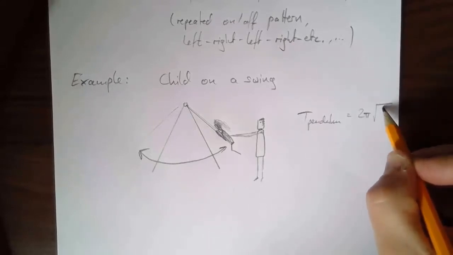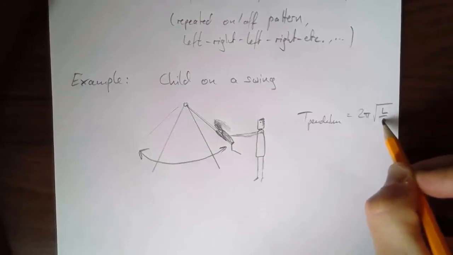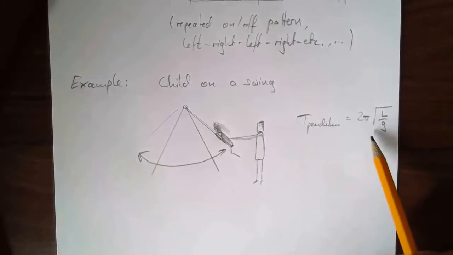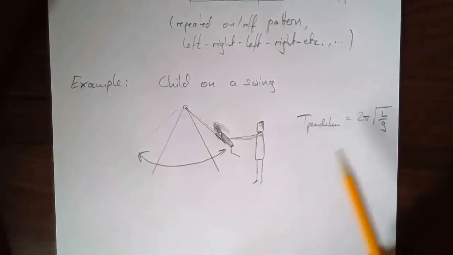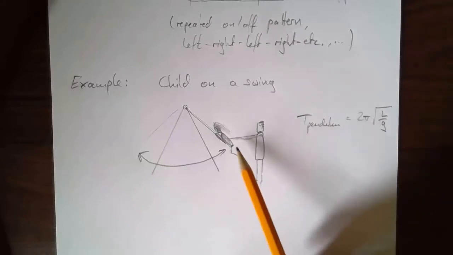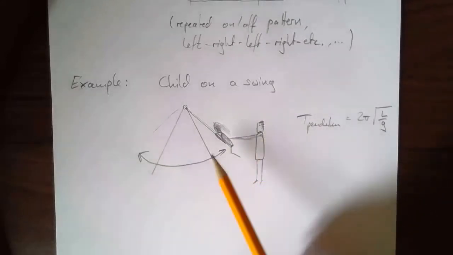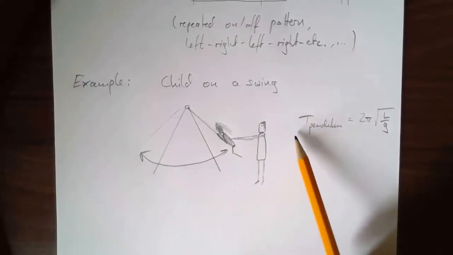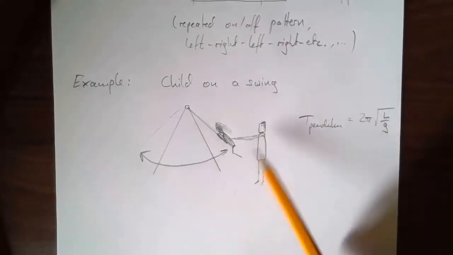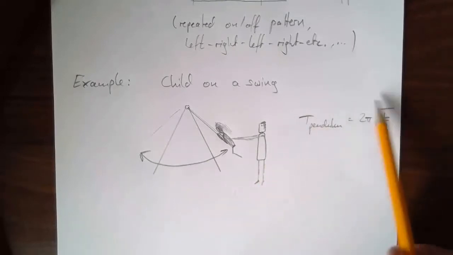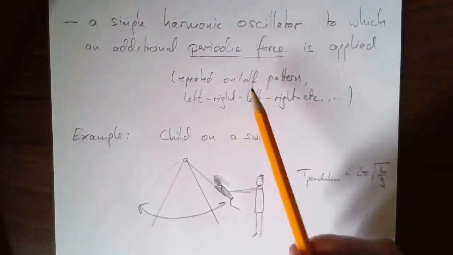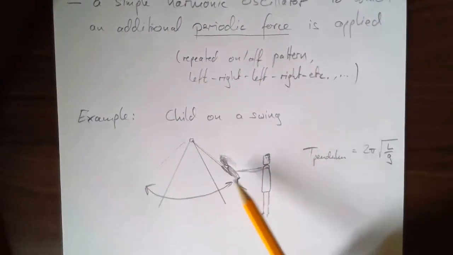We derived the angular frequency, omega, square root of g over L, in the pendulum lecture. So as you set your robot setting for how to push the child, you want the robot to give the child a little push with this time interval between one push and the next. And that's what we mean by a periodic force. The robot's providing a periodic force.